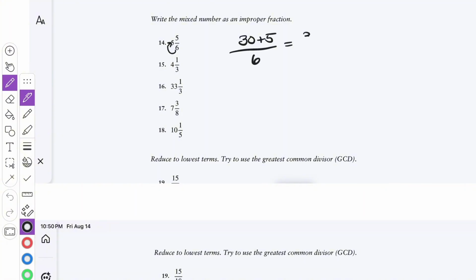So we get 35 over 6. Let's do 17. So this would be 56 plus 3 over 8. So we would get 59 over 8.